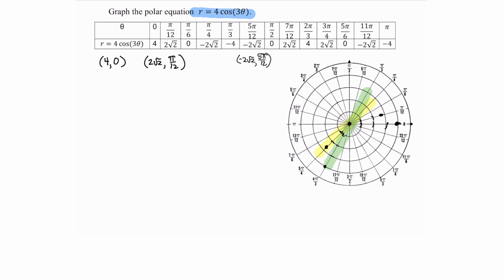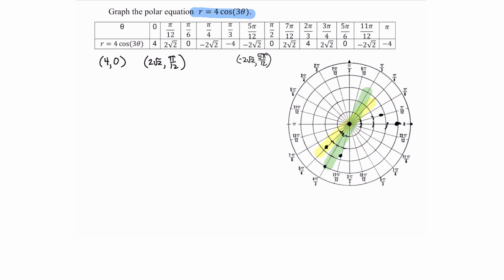And we have a 1, 2, just shy of 3. And then when pi over 2 was plugged in, we got a 0 out for our r. So we have 0 comma pi over 2. So when we're facing pi over 2, we don't go forward or backwards. So it's just at the pole.